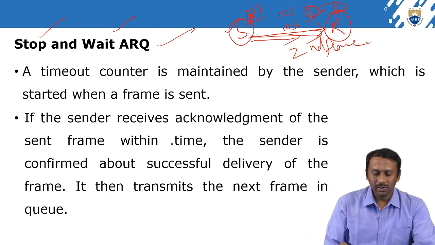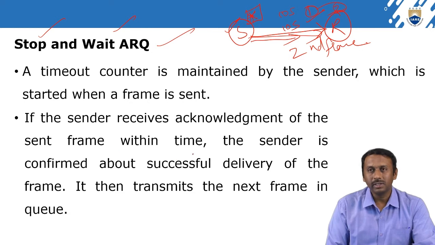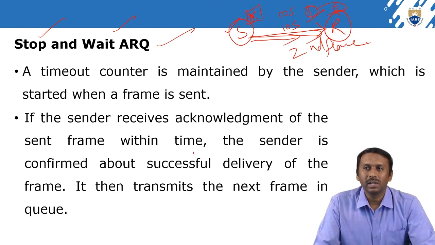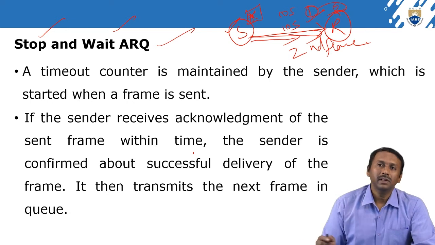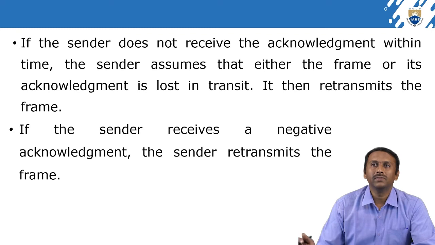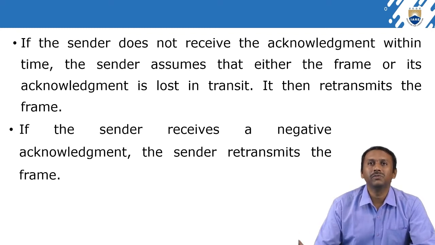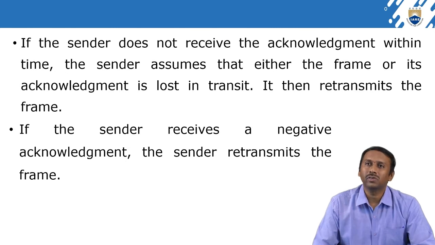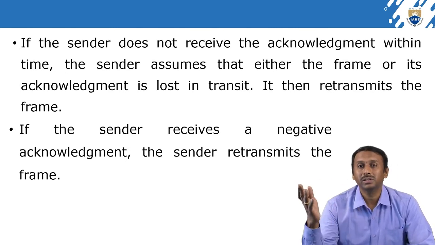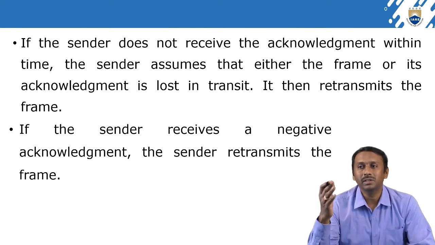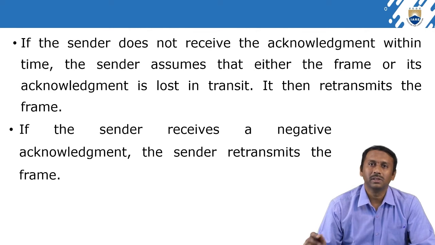If the sender receives the acknowledgement of the sent frame within the time, the sender is confirmed about successful delivery of the frame. It then transmits the next frame in the queue. If the sender does not receive the acknowledgement within the time, what will happen? The sender assumes that either the frame or the acknowledgement is lost in transit. Maybe the data frame reached but the acknowledgement was not received, otherwise the data frame itself was not received by the receiver. There are two cases.